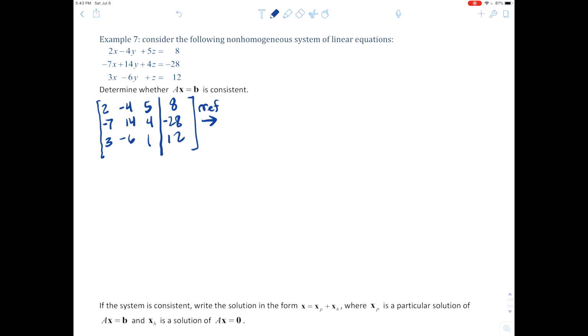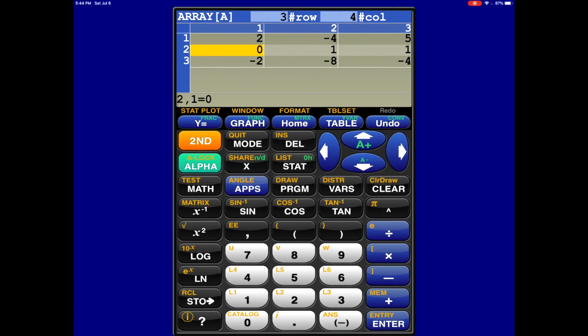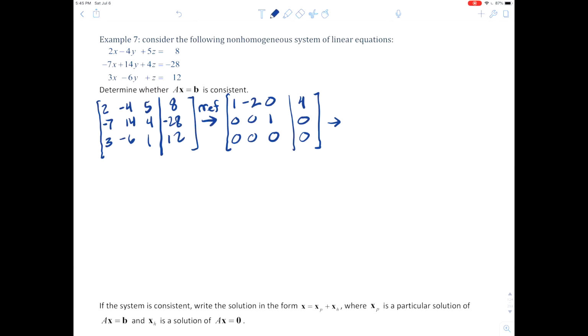So let's go to our technology and find the reduced row echelon form of this matrix. So let's see what we have. We have x minus 2y equal to 4, and then z is equal to 0. So x will equal to 2y plus 4.